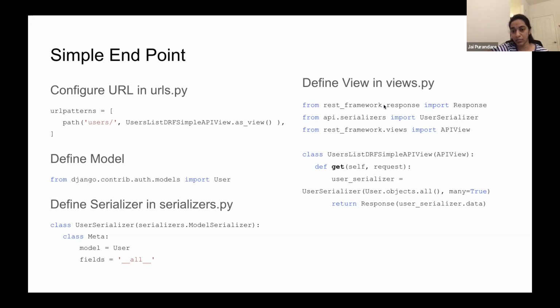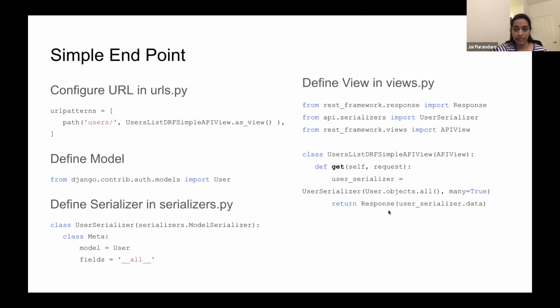Again, this response is an HTTP response, but this response object comes from the REST framework DRF, which means it is going to take care of all the JSON conversion. If it's a dictionary object, converting it to JSON, everything, it's going to take care of that. We don't have to do that.